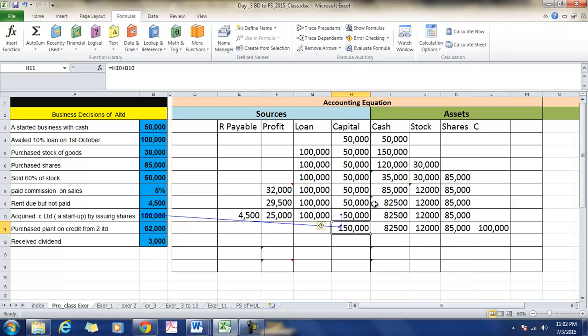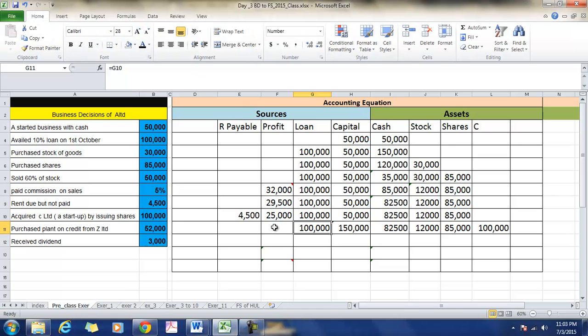So cash, no change, but the capital increases to the extent of investment made. No change in the loan. No change in profit because it has not affected any incomes or expenses, and no change in the rent payable.